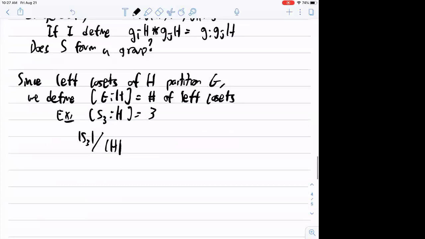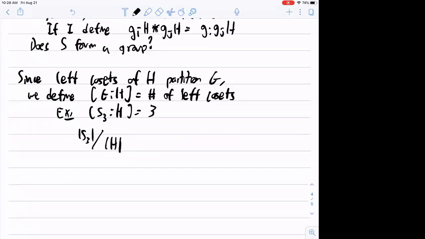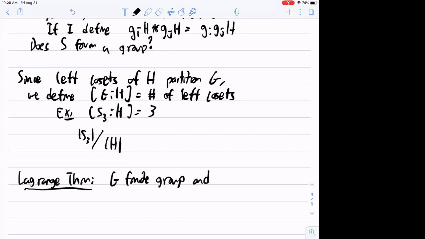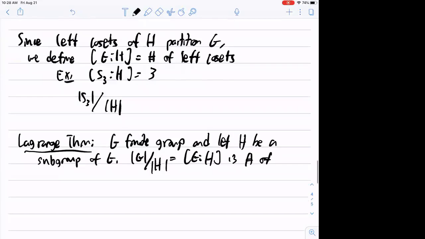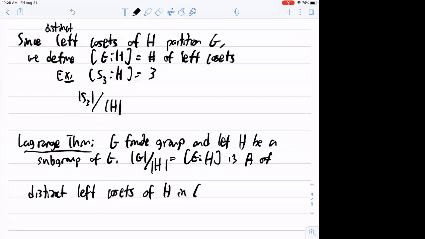Okay. So from this, and this is Lagrange's theorem. Let G be a finite group, and let H be a subgroup of G. Then the absolute value, which means order, is the index, the number of distinct left cosets of H in G. So what does this mean?